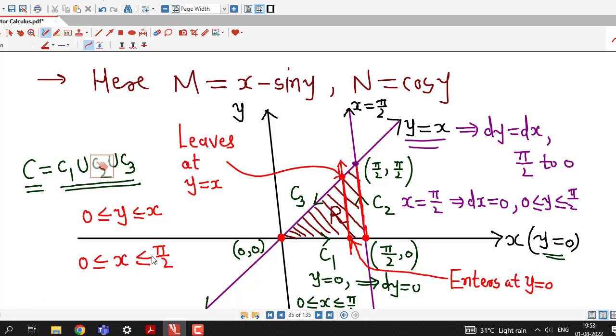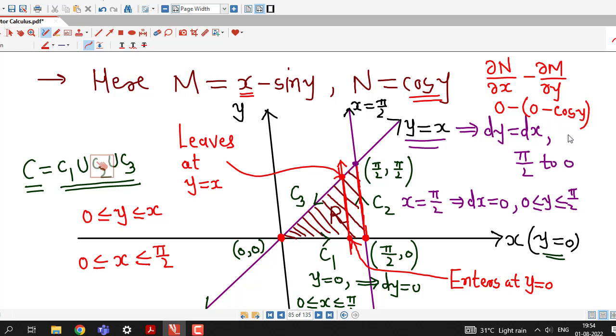and we have to obtain this quantity also, del n by del x minus del m by del y. N equal to cos y, so there is no x here, so cos y is constant, therefore its derivative is 0. Del m by del y means we have to consider x constant, so derivative of x is 0 minus cos y.